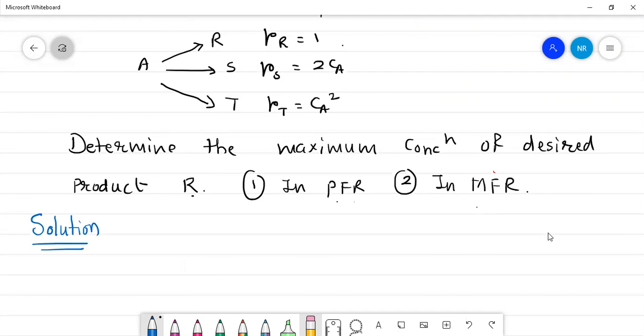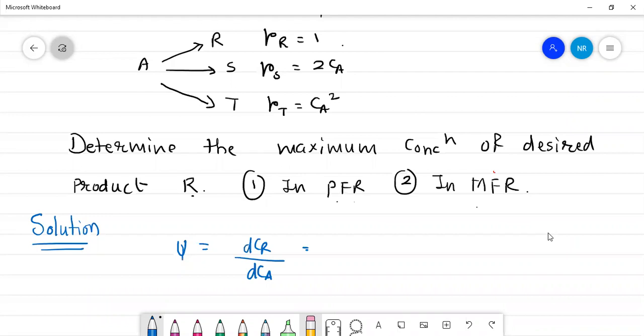Okay, what is the psi? Psi is equal to dCR divided by dCA. Now you please concentrate on the screen. Psi is equal to dCR divided by dCA.